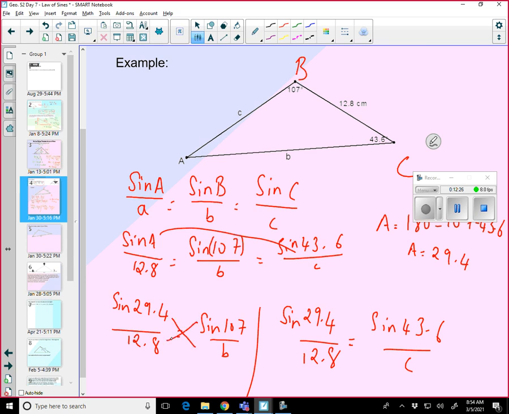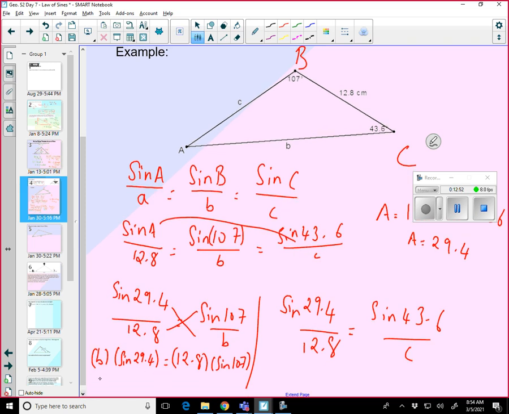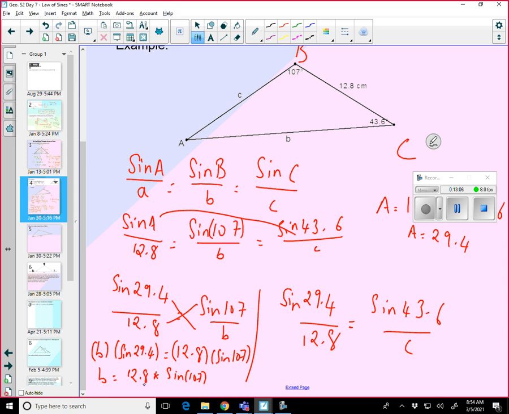Cross multiply. So I'll have b times sine of 29.4 equals 12.8 times sine of 107. Then dividing by sine of 29.4 on both sides, I'll get b equals 12.8 times sine of 107 over sine of 29.4.